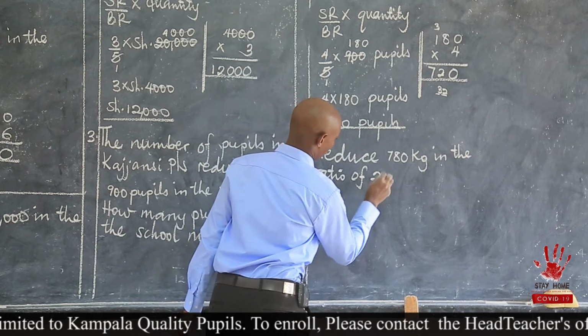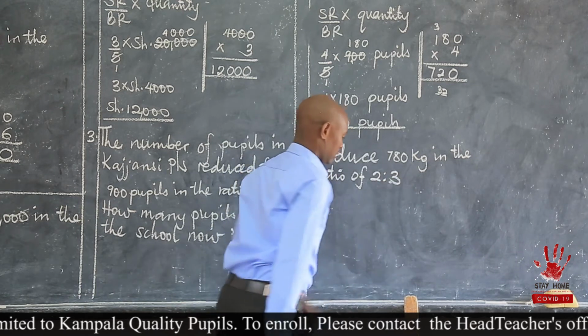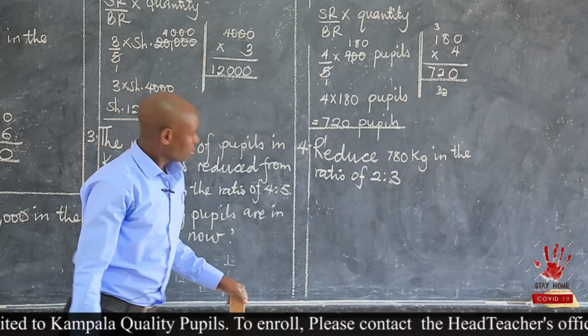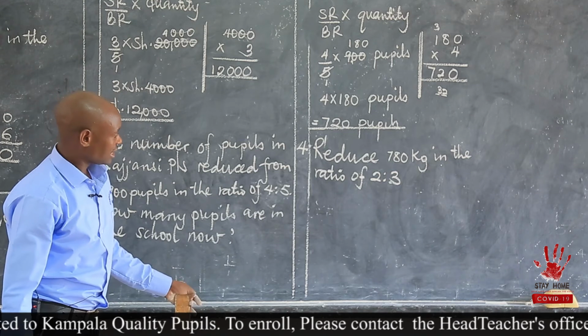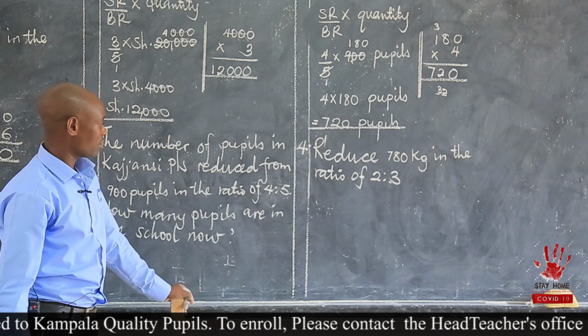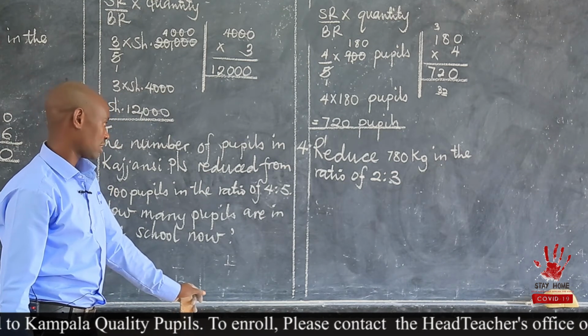Reduce 780 kilograms in the ratio of 2 to 3. Reduce 780 kilograms in the ratio of 2 to 3.